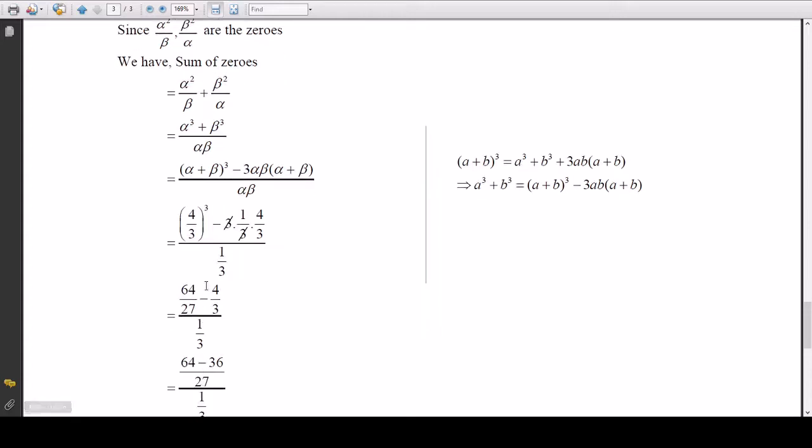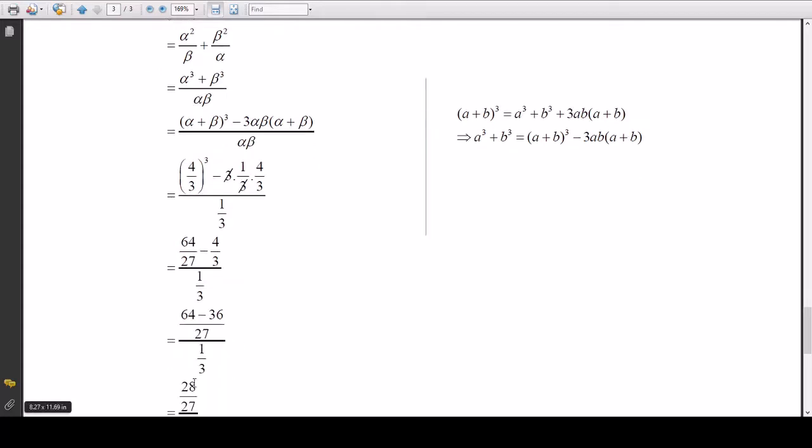Again here in the numerator it is in the form of fractions. Again you have to take the LCM. 27 and 3, LCM is 27. 27 divided by 27 is 1. 1 multiplied by 64, 64. 27 divided by 3, you will get 9. 9 multiplied by 4, 36. 64 minus 36 is how much?